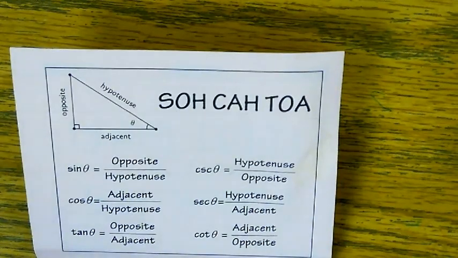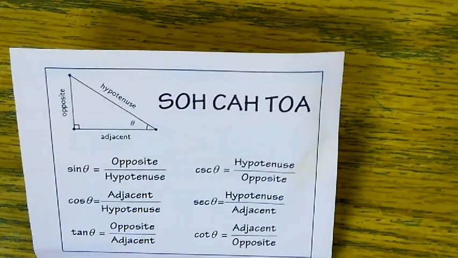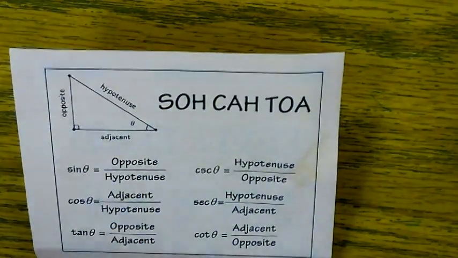So now with trig, for any right triangle, if we're given one side, we'll be able to find the other two sides. And if we have two sides of the triangle, we'll be able to find what the angle measurements are. So the two angles besides the right angle, we'll be able to find out what their angles are.